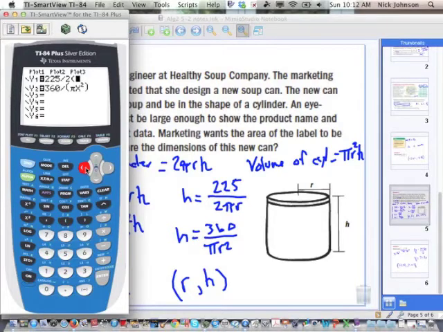Go back. Parenthesis 2 pi r, which is x. And that just keeps everything safe so they don't take 225 divided by 2 first and then multiply it by r and x. Okay? I'm just going to make sure that my window, let's just go zoom standard 6. So now they're going to graph that.